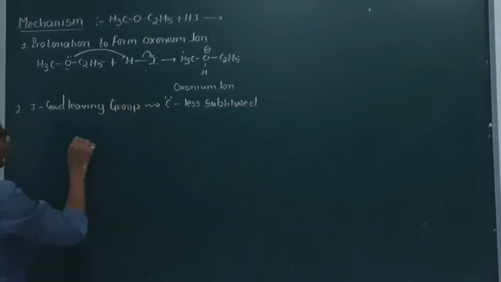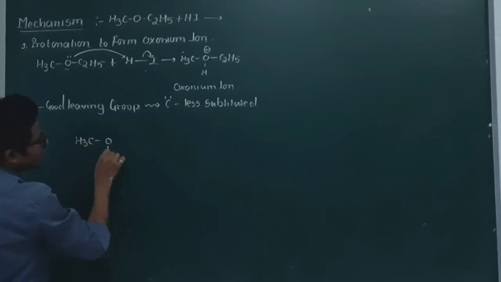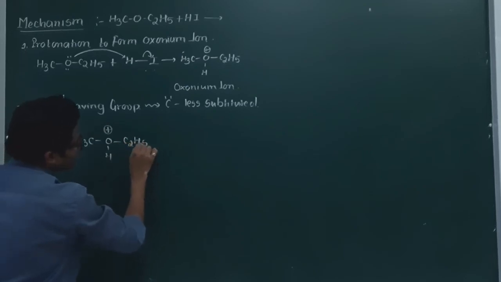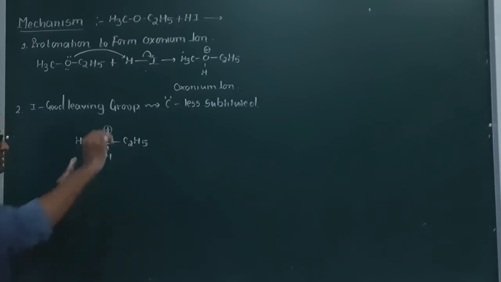That means when we have an oxonium ion over here, CH3, oxygen, hydrogen, C2H5, it will choose that particular carbon which is less substituted, so it is going to attack this particular carbon.